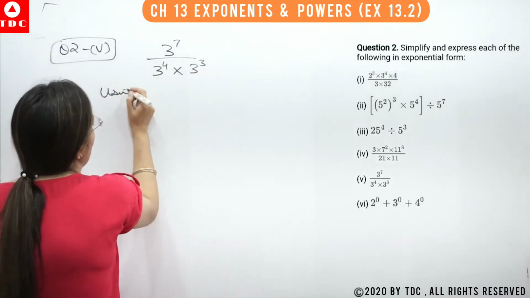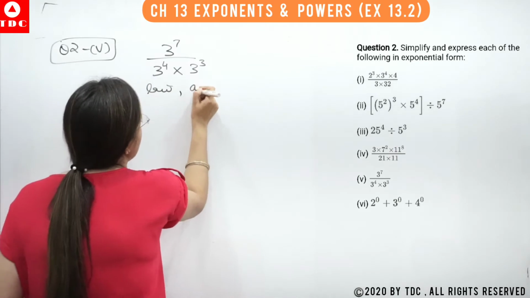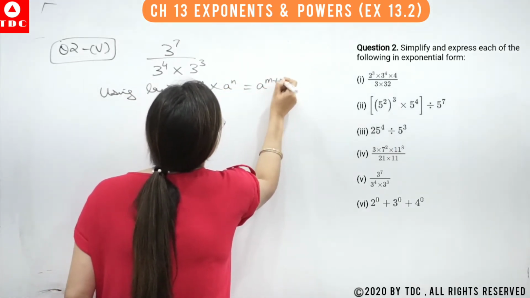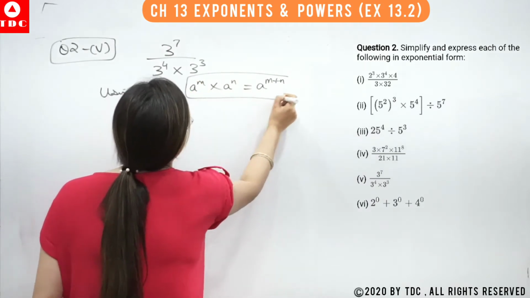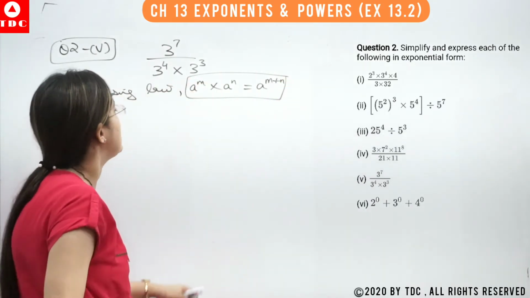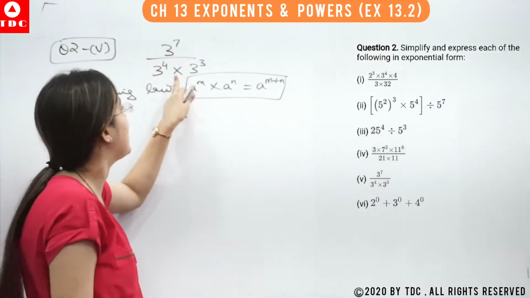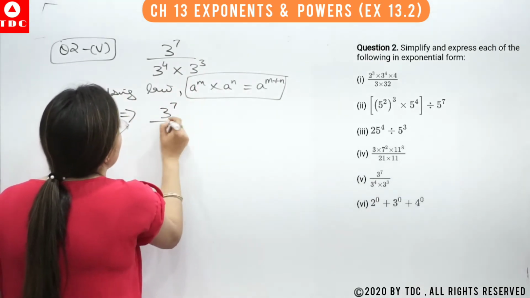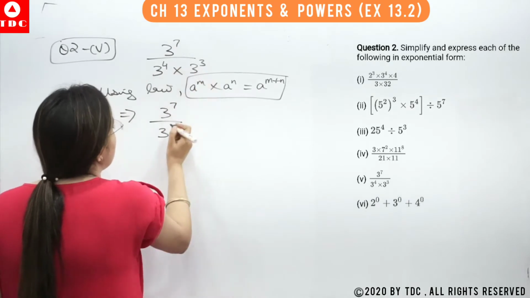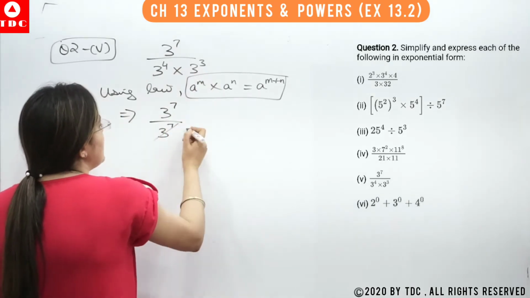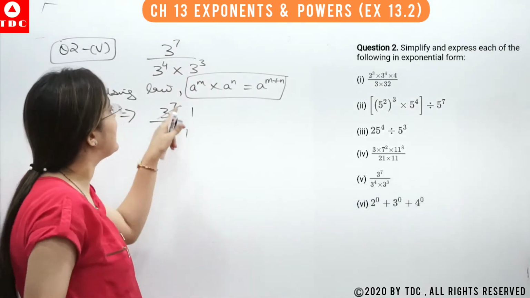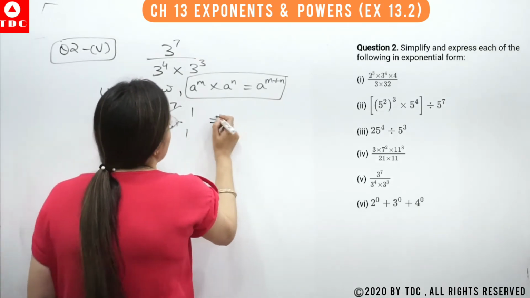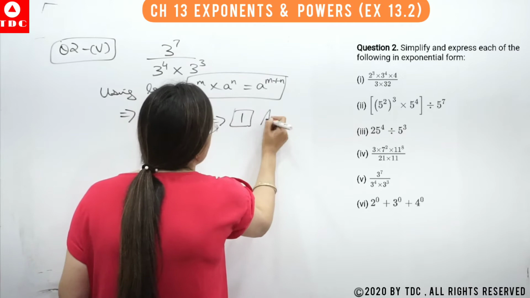Using the law, a to the power m into a to the power n will give us a to the power m plus n. That means if the base is the same and there is a multiplication sign, the powers will be added. So what will we get here? 3 to the power 4 plus 3, that is 7. So the ones got cancelled, both were 3 to the power 7. So the final answer is 1.